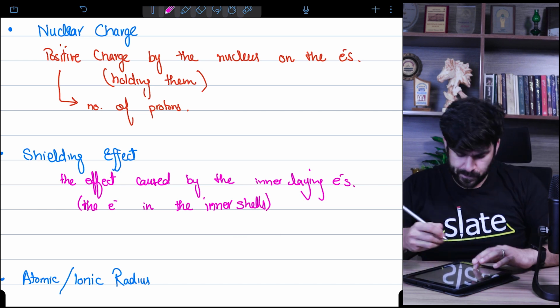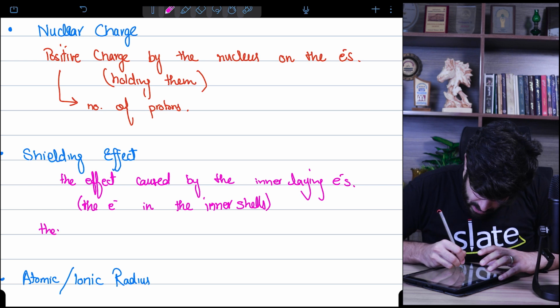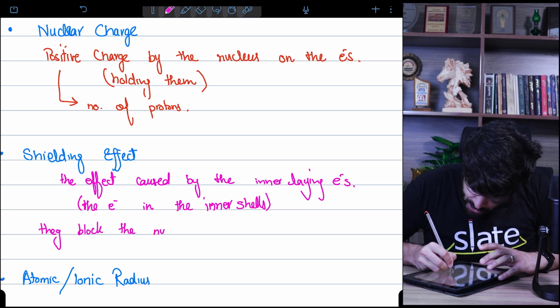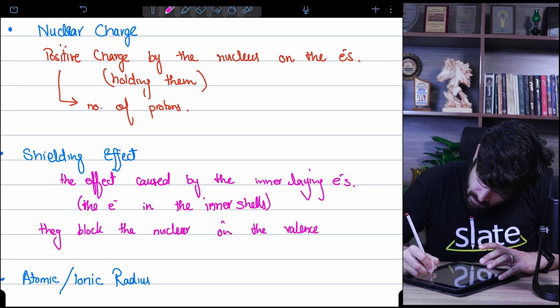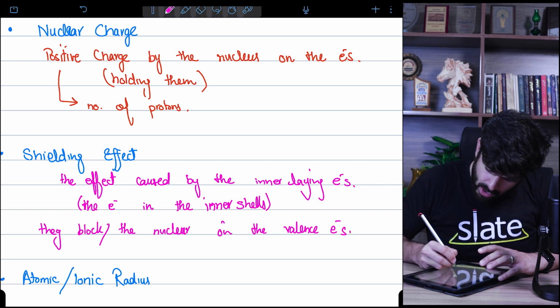What do they do? They block the nuclear charge on the valence electrons. Block, or the term is shield.